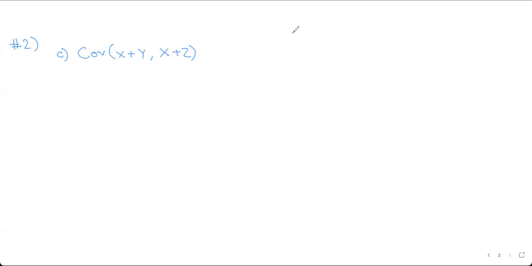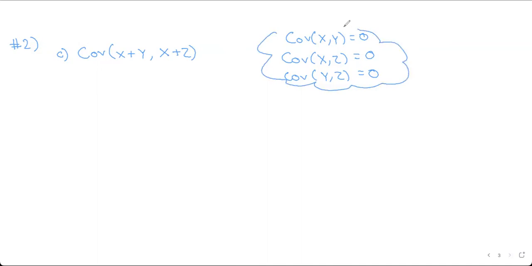So what do I mean by that? I mean that the covariance of x, y is 0, the covariance of x, z is 0, and the covariance of y, z is 0. Okay? This is because x, y, and z are mutually independent. So x is independent from y, x is independent from z, and y is independent from z. So we know these facts already without even reading part C.